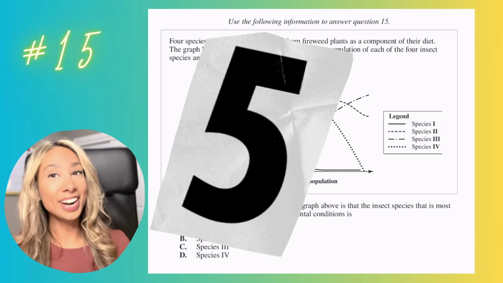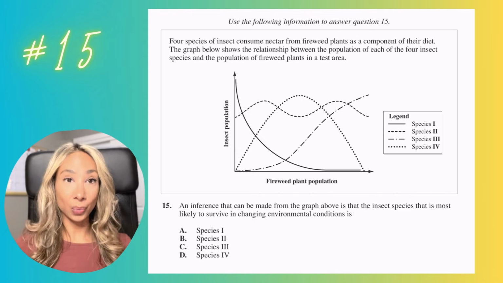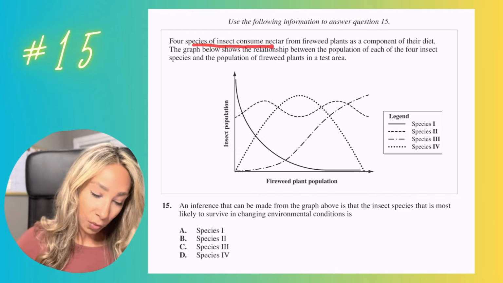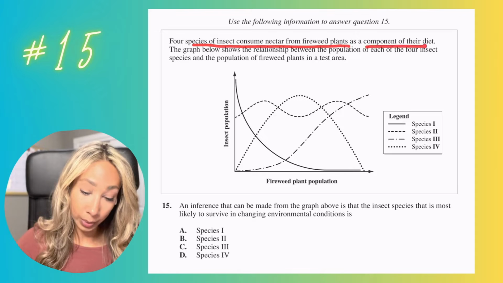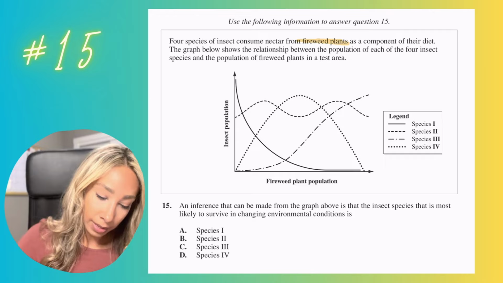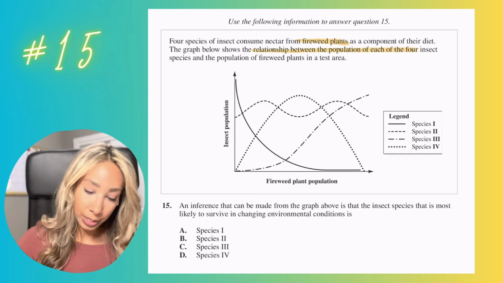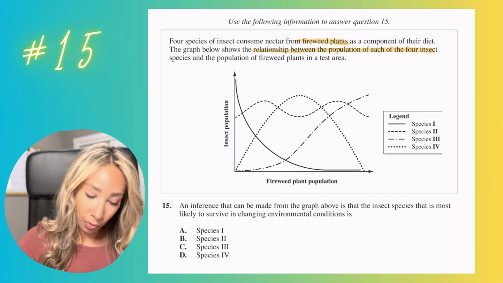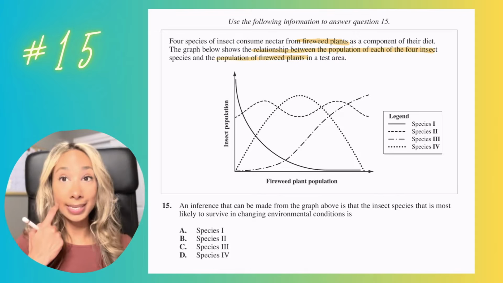Okay, number 15 here, five more to go. All right, so for number 15, we have a graph. We've got four species of insects that consume nectar from fireweed plants as a component of their diet. So they're, of course, feeding on these plants and they need that to survive. The graph below shows the relationship between the population of each of the four insects and the population of the fireweed plants in a test area.